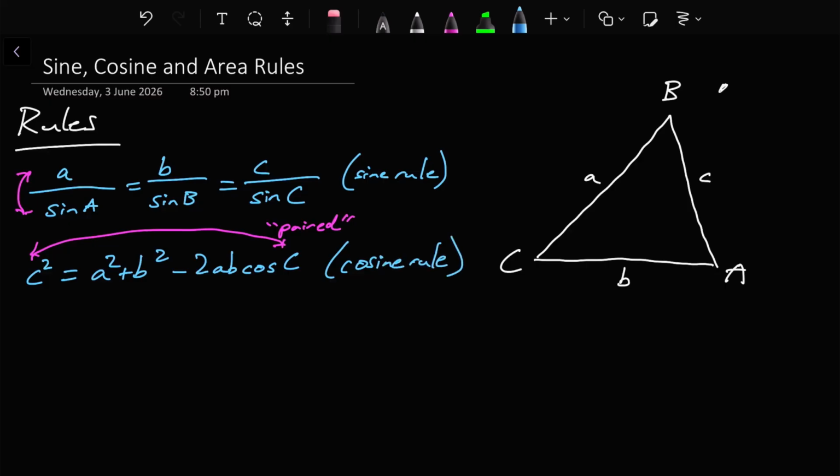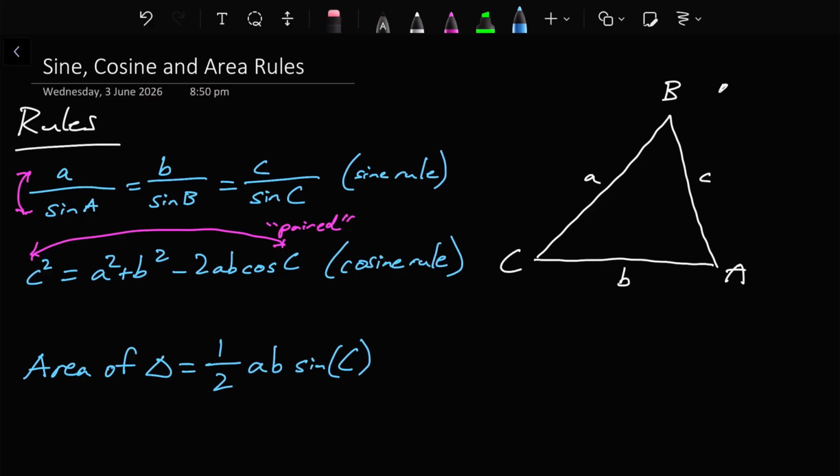And then the last one is the area rule, which simply tells us that the area of the triangle is equal to half ab cos of C. Sorry, not cos, sine. Sine of C. Okay?